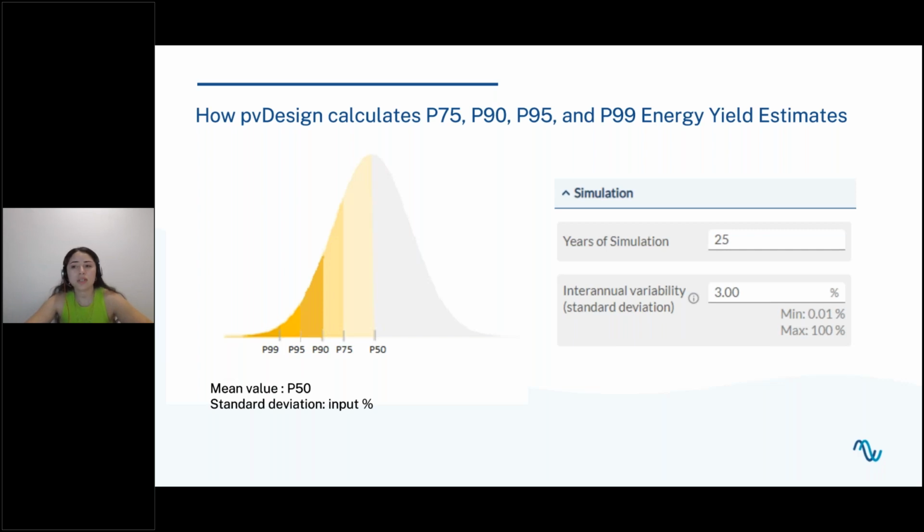The first energy result that you will have is the energy result of the first year of operation of your plant. When you calculate the energy yield, for simplicity and statistical analysis, we assume that the weather values are distributed in a normal distribution, a bell-shaped curve.